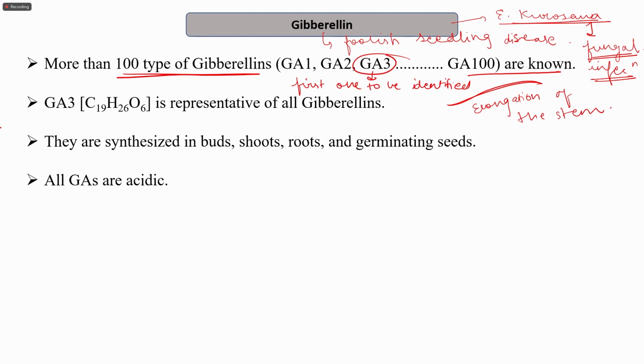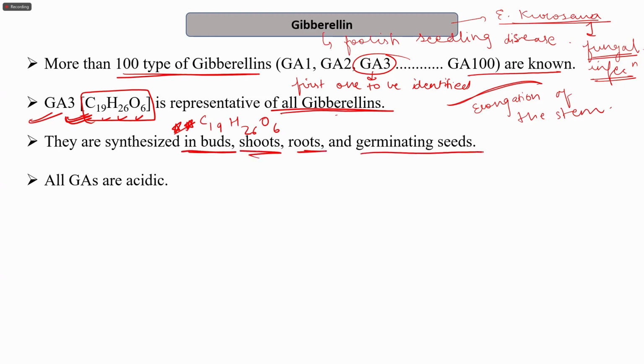It can be represented in the form of C19H26O6, and this is representative of all the gibberellins. So all the gibberellins in this class can be represented in the form of C19H26O6. It is important that GA3 is the representative of all the gibberellins, and they are synthesized in the buds, shoots, roots, and germinating seeds.